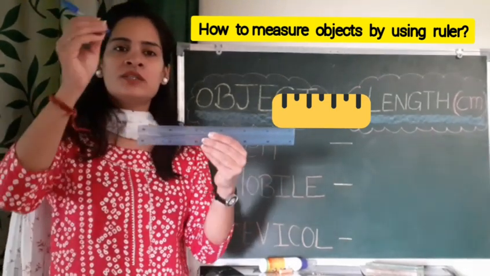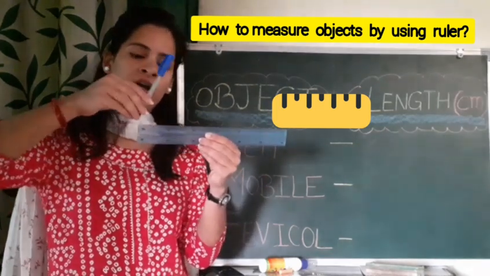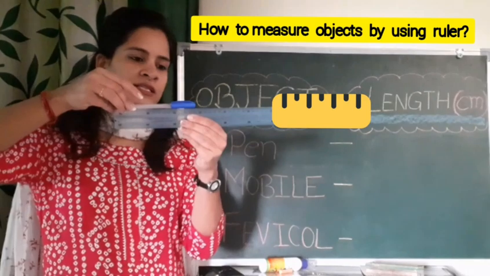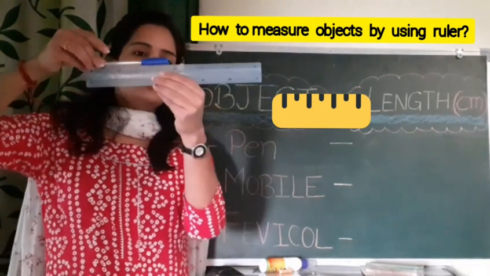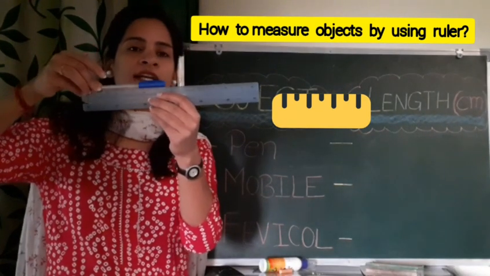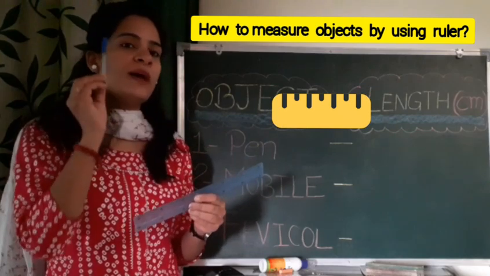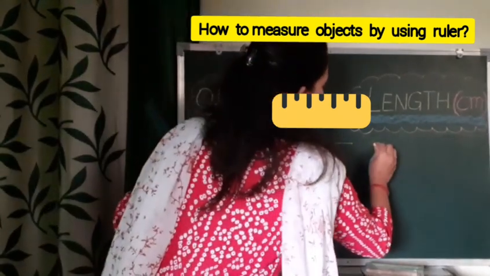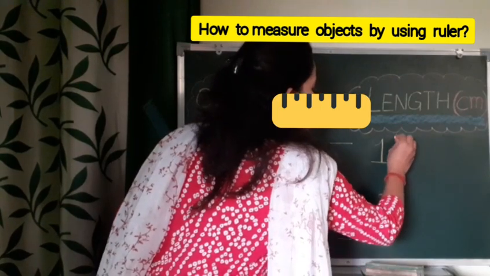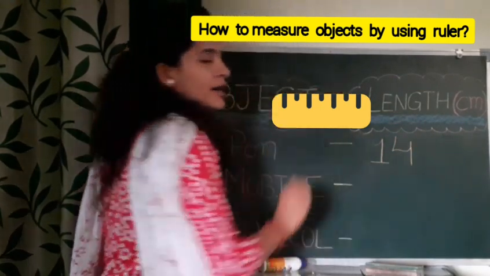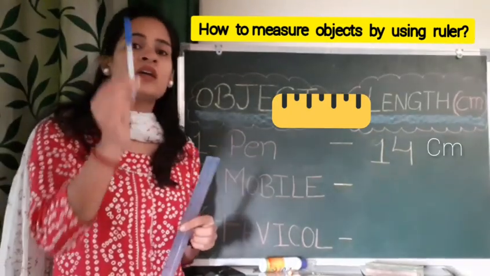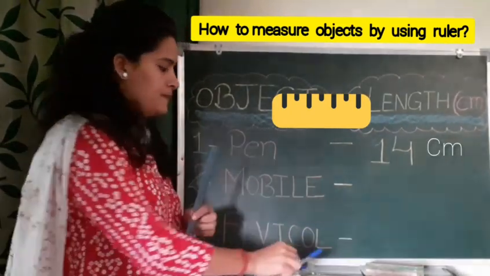So you put the end of the pen on the 0 point, and now we will see on which number it is going. Yes, the number is 14. The length of this pen is 14 centimeters.